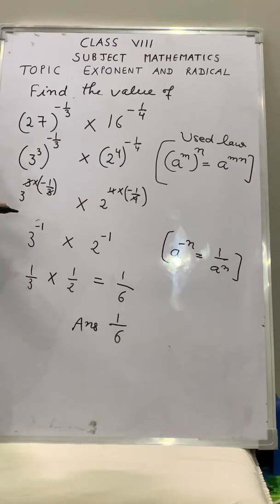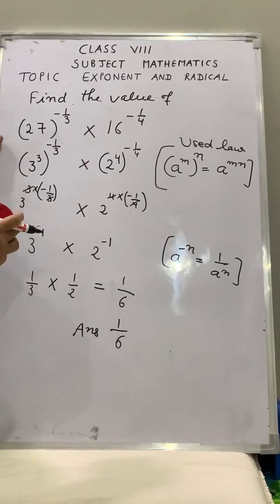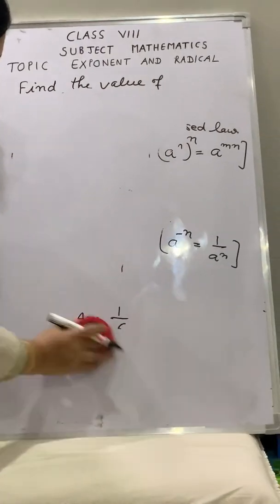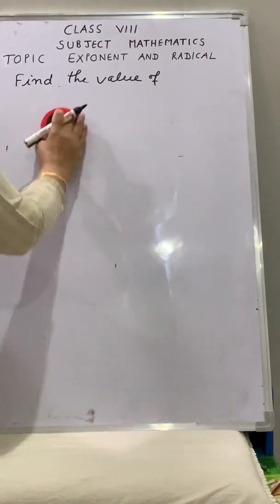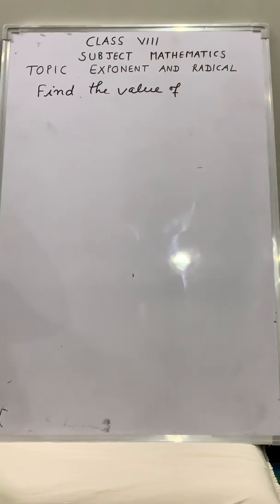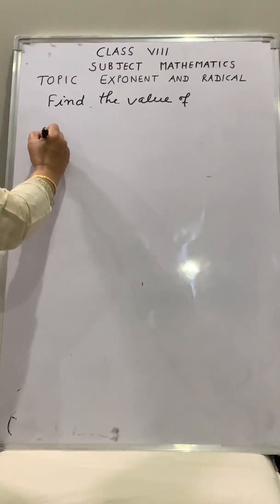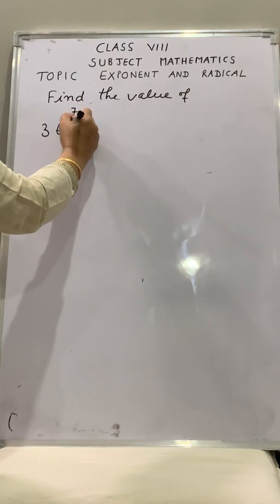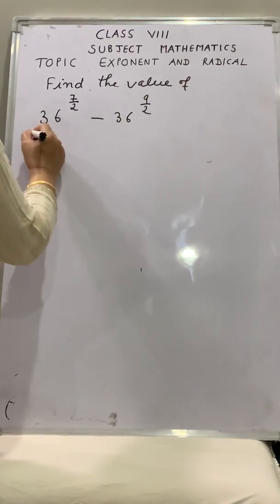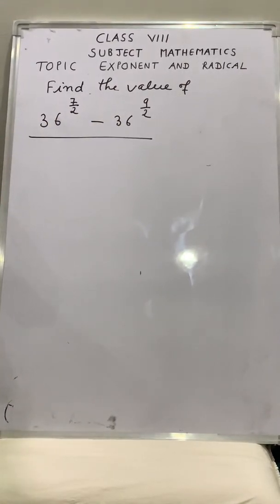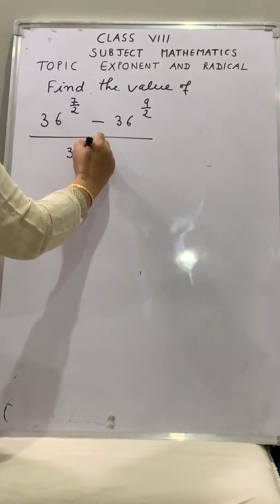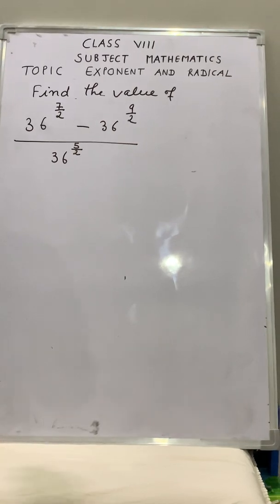I hope these examples will be clear to you. Next example is 36 raised to power 7 by 2 minus 36 raised to power 9 by 2, divided by 36 raised to power 5 by 2.